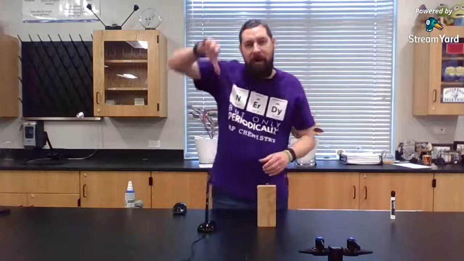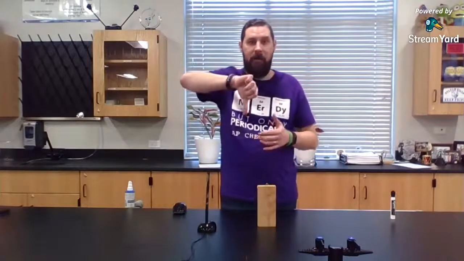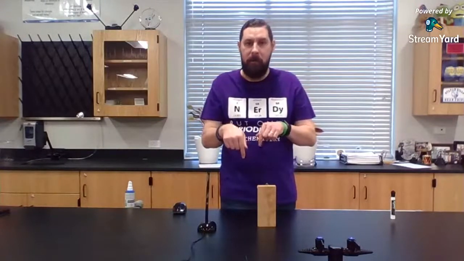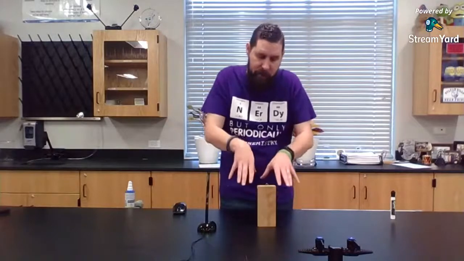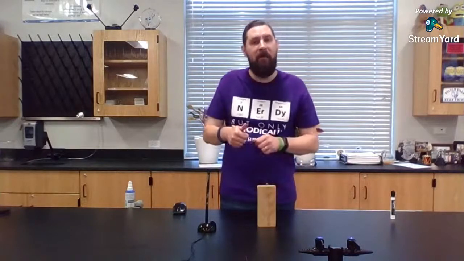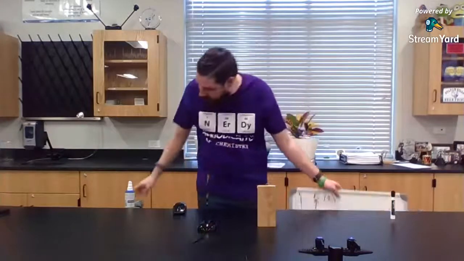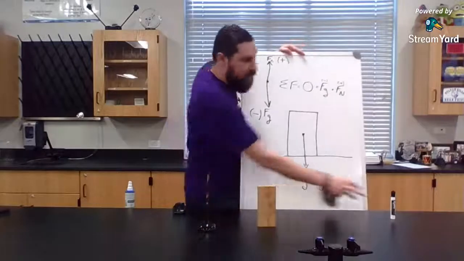Well, if I've got the weight of this block, or the force of gravity downwards, and then I'm adding force, then overall I've got a much larger downwards force. But if that object is still stationary and is not being pushed through, that means my force normal also has to increase. So let's go back to a free body diagram and take a look at this again.